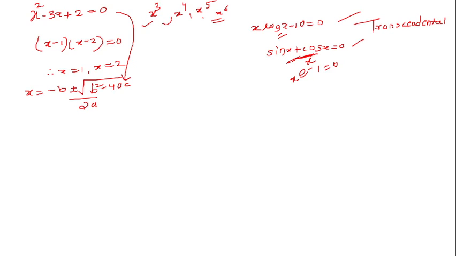Now let me give an example. Numerical methods are iterative methods. That is, they will not give the exact solution. Sometimes they give it, but these are iterative methods. Iterative means to get the value of this x, first you have to find x1, x2, x3, x4 and so on.